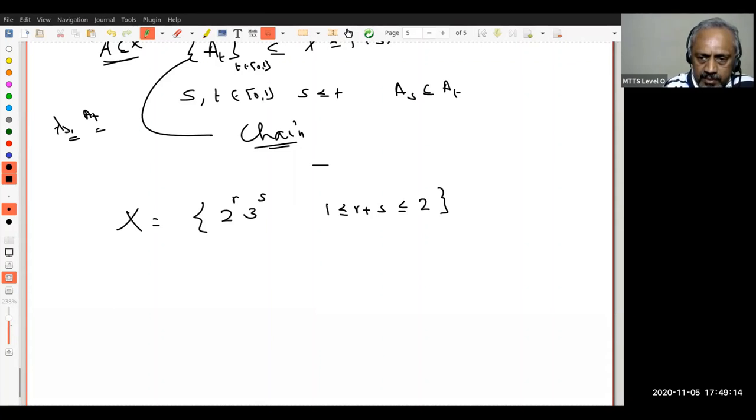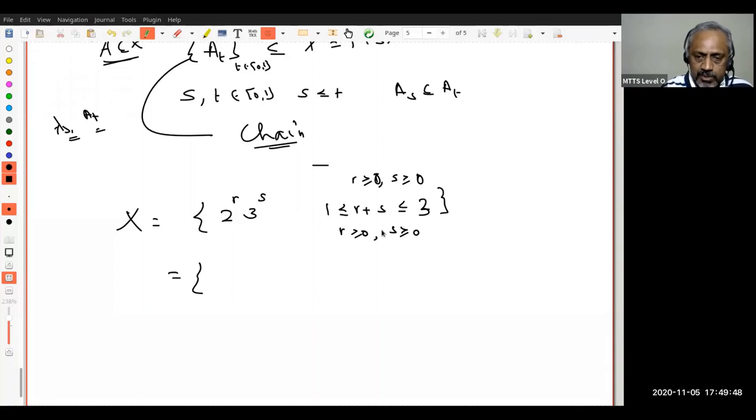R must be greater than or equal to 0, s greater than or equal to 0, but r plus s must lie between 1 and 3.